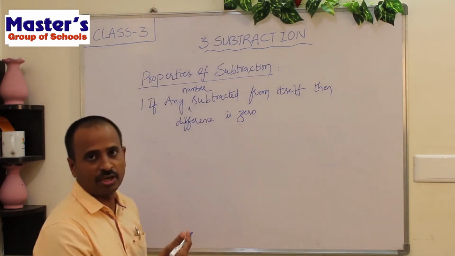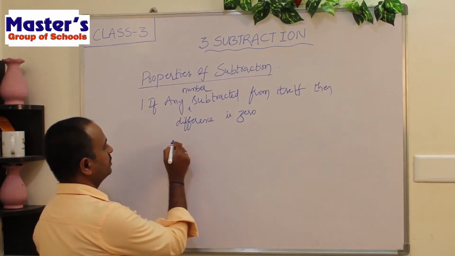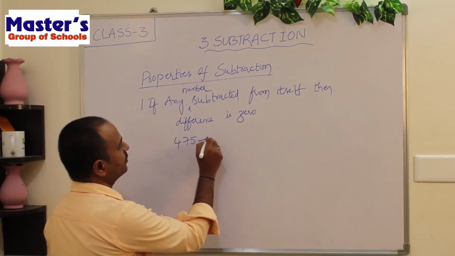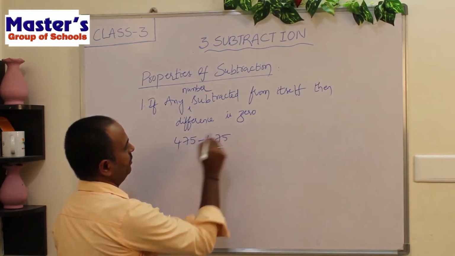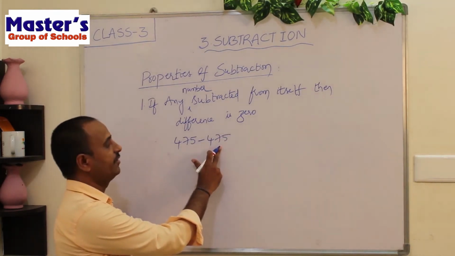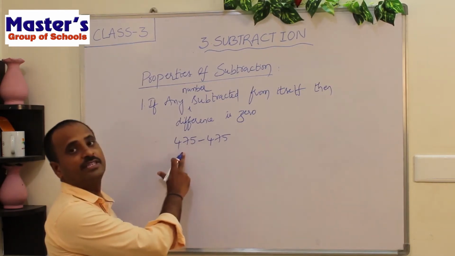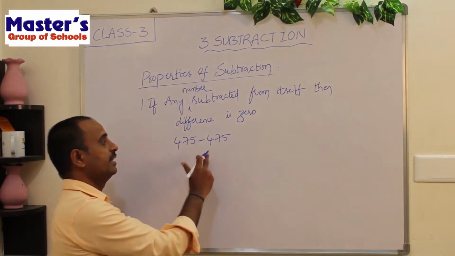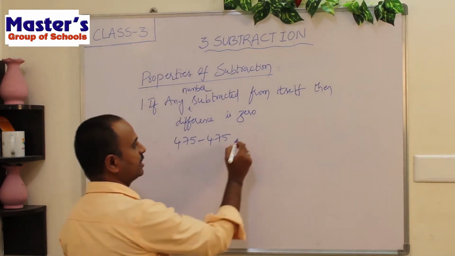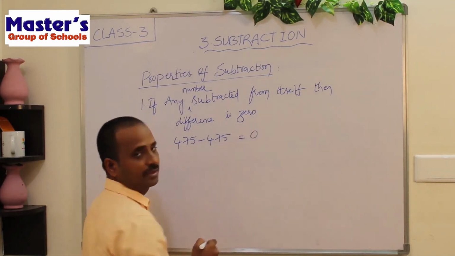See some examples for this property. For example, 475 minus 475. Here we are subtracting 475 from 475. That is, a number is subtracted from the same number, then the answer becomes 0.